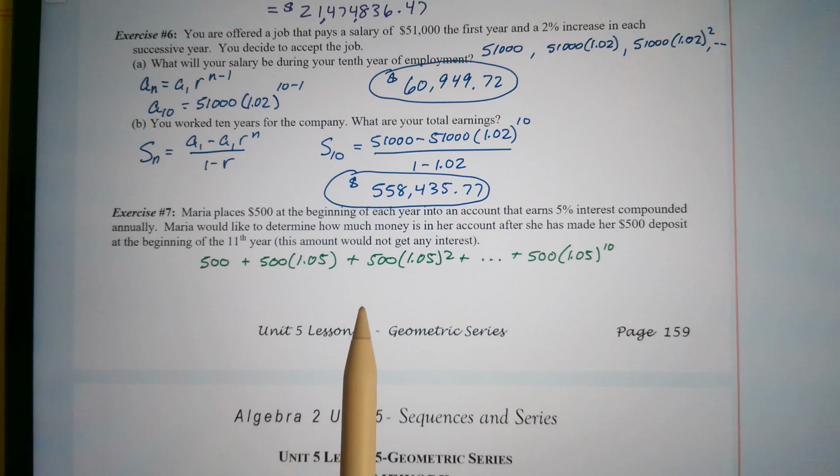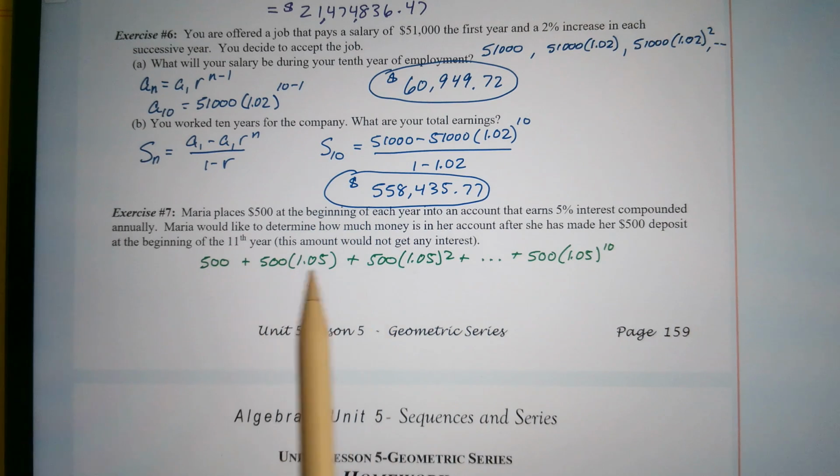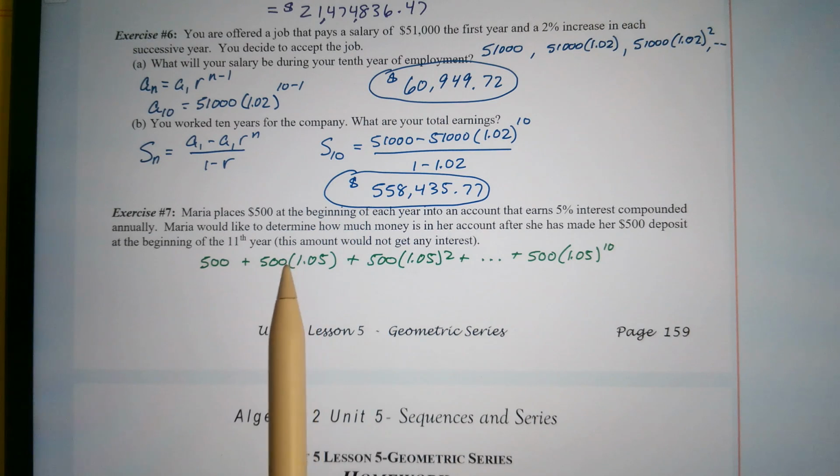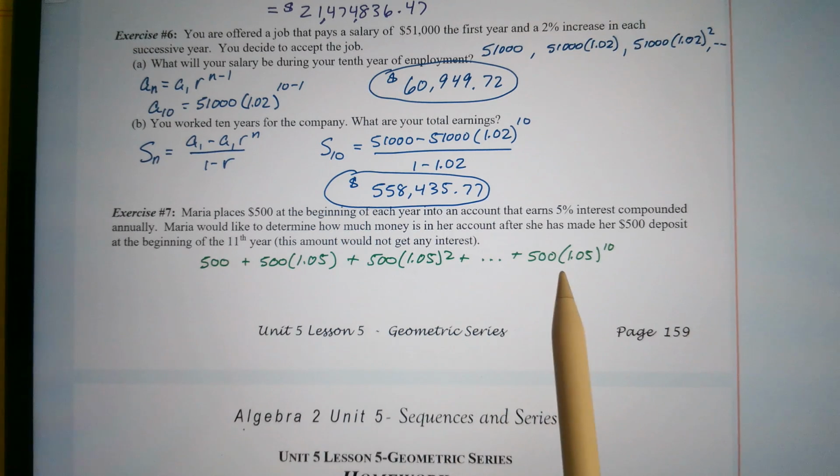Looks good. 500. Then the second year, 500 times 1.05, then 500 times 1.05 squared, and so on. So really, this here represents the initial $500. All right. So this kind of sums up backwards.